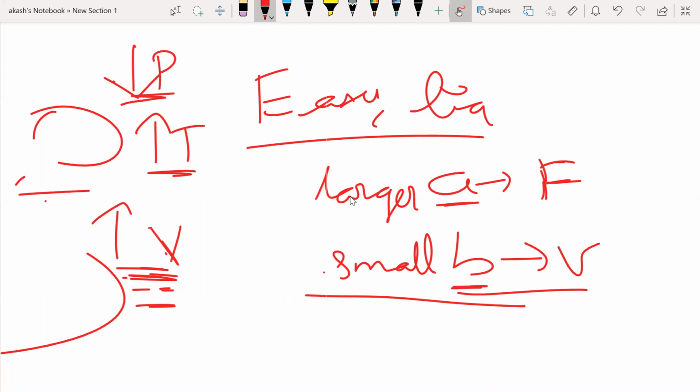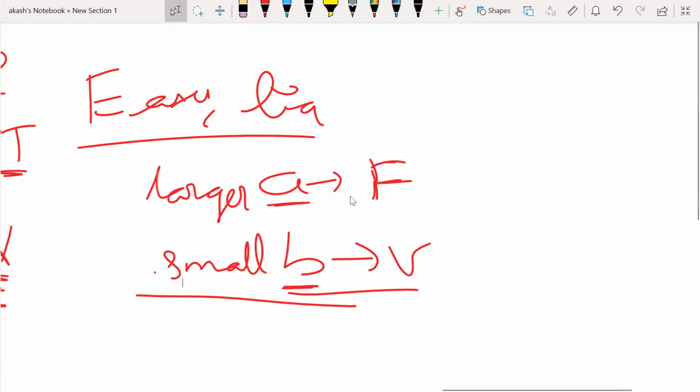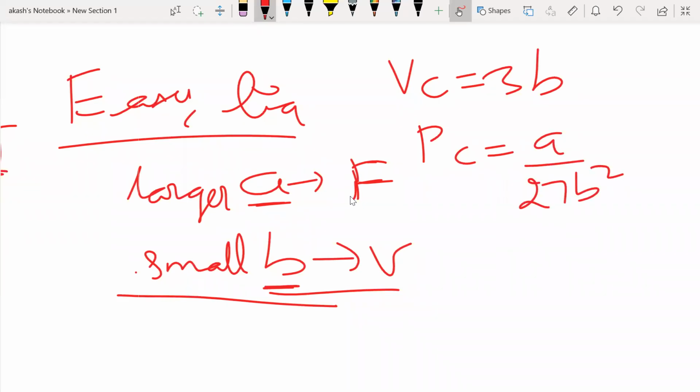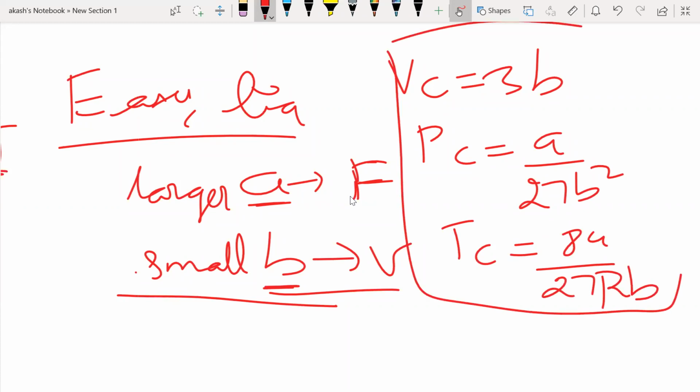Just give me a moment, searching. Forgot. Right. So VC is equal to 3B. PC is equal to A by 27B squared, and TC is 8A by 27RB. So these are the formulas.